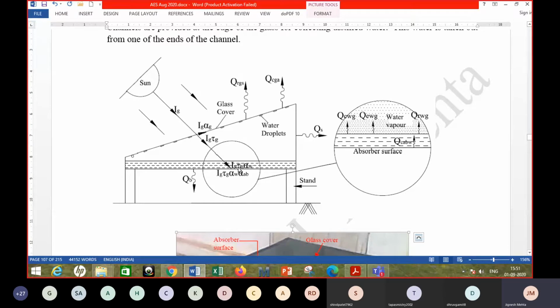You can try to be as specific as possible. You have the basic knowledge of the heat transfer modes, so you can try to give me an answer. The heat transfer mode responsible for transfer of heat from the absorber layer to the body of water.